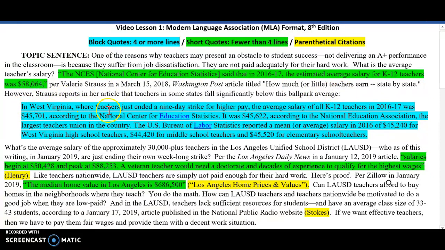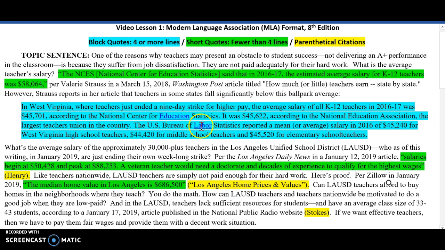In West Virginia, where teachers just ended a 9-day strike for higher pay, the average salary of all K-12 teachers in 2016-17 was $45,701, according to the National Center for Education Statistics. It was $45,622, according to the National Education Association, the largest teachers union in the country.